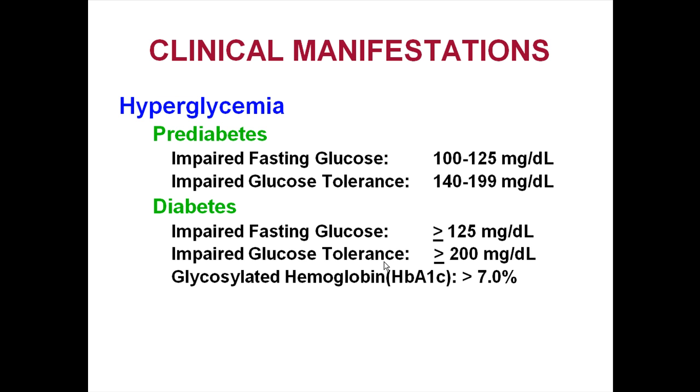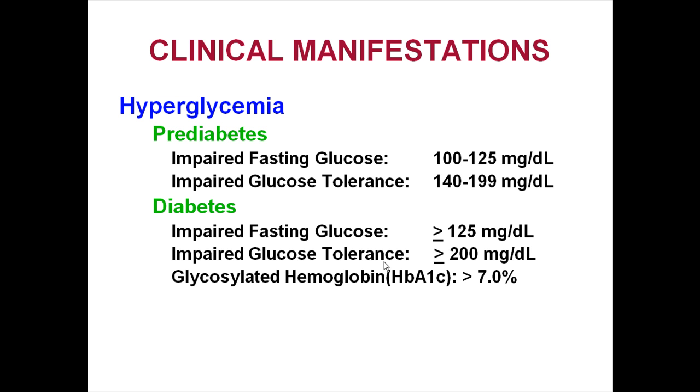Impaired glucose tolerance basically means you're going to be doing a glucose tolerance test with a kind of thick sugar substance, and they take blood tests on a periodic basis over an hour or two. And fasting would be you haven't eaten for a while, for 12 to 14 hours. So that's prediabetes.